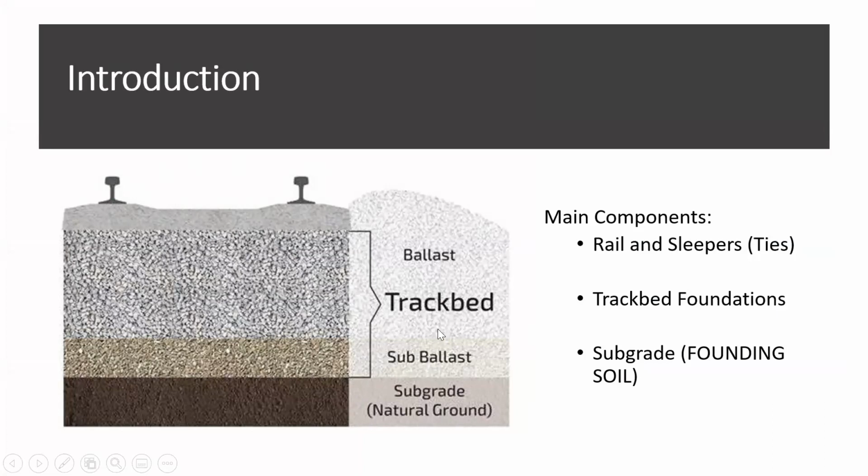This track bed is mostly known as a ballast and sub-ballast granular material, but as I'll show you throughout the presentation, there can be different formations and different types of track beds, and those track beds will transfer the load of the train into your subgrade. So the main components are the rail and sleepers and the track bed foundations, and this is where your input would be required from a geotechnical point of view.